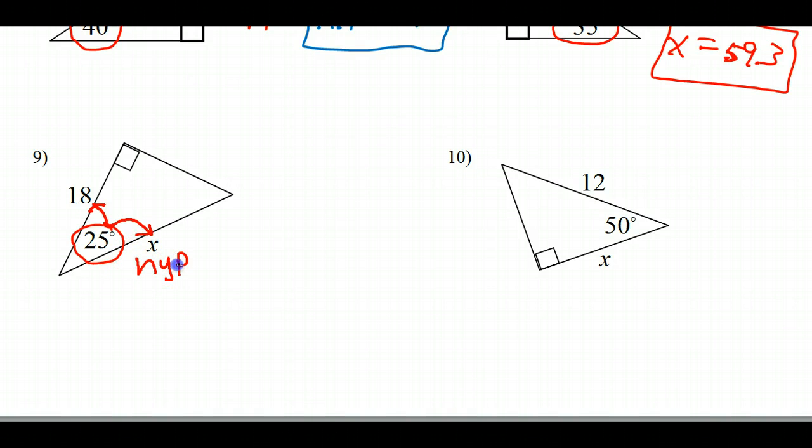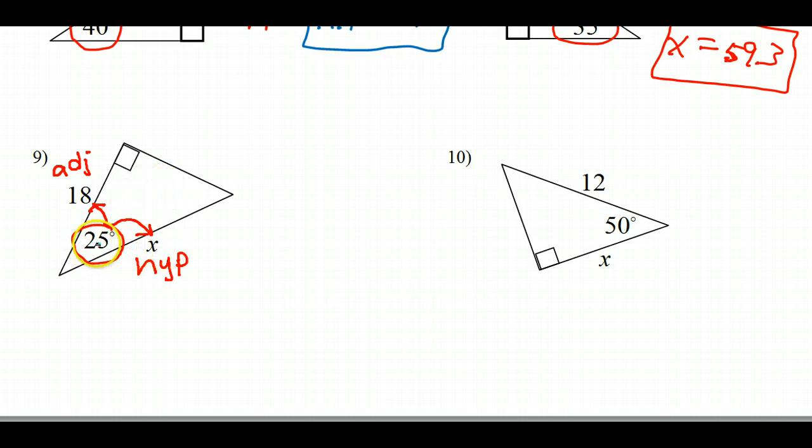Of course, the x here is the hypotenuse. That leaves the 18. From the perspective of the 25, is this 18 opposite or adjacent? See how the 18 is right next to the 25? That means this one is adjacent.